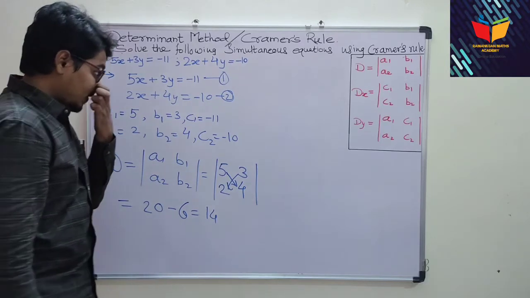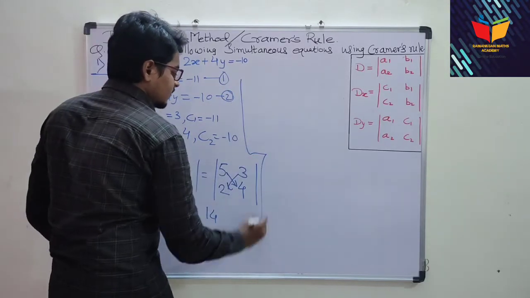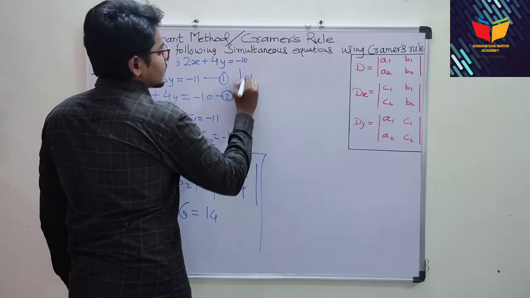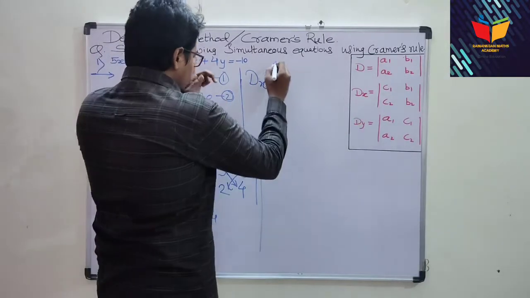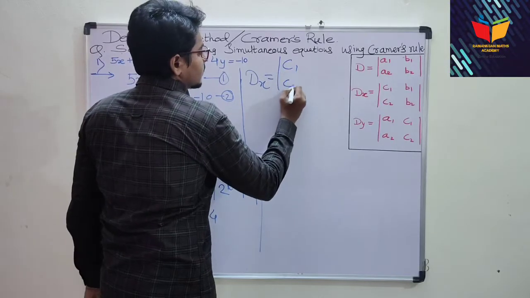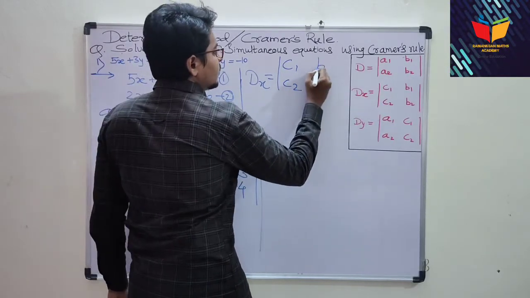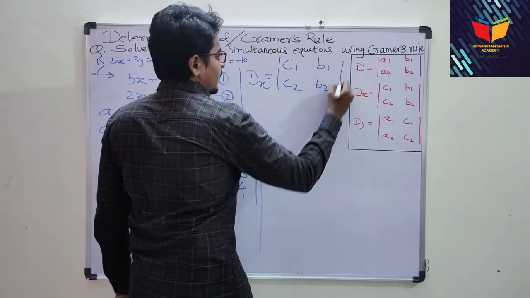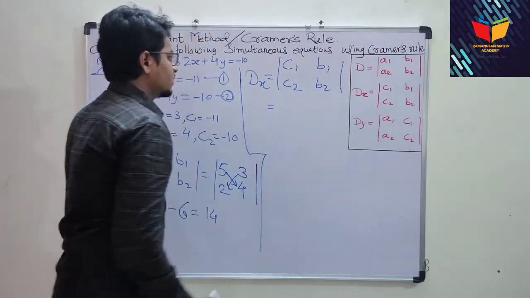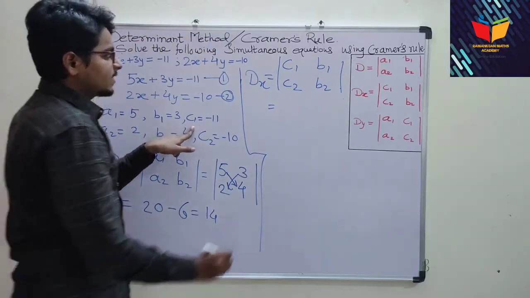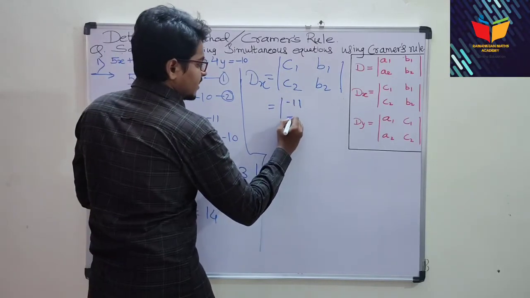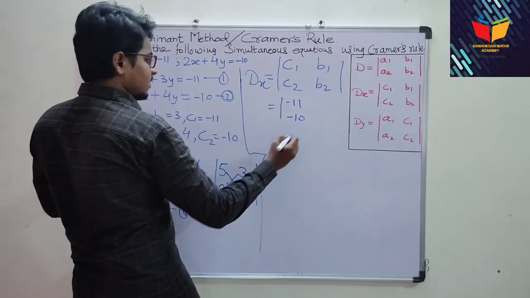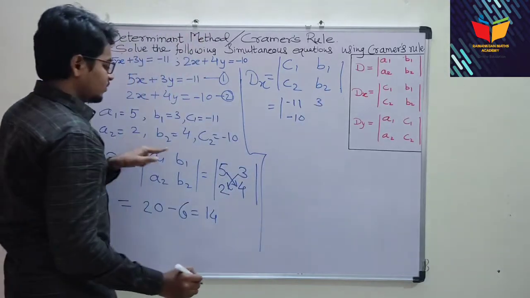Next we will find the value of dx. So dx is equal to, here you can see c1 c2 and b1 b2. Now substituting the values, c1 is minus 11, c2 is minus 10, b1 is 3 and b2 is 4.